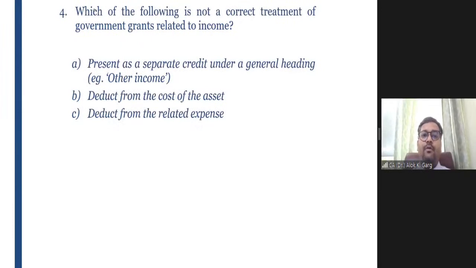Question number 4. Which of the following is not a correct treatment of government grant related to income? Present as a separate credit under a general heading, that is other income. Deduct from the cost of the asset. Deduct from the related expense. Tell me which is not the right option.